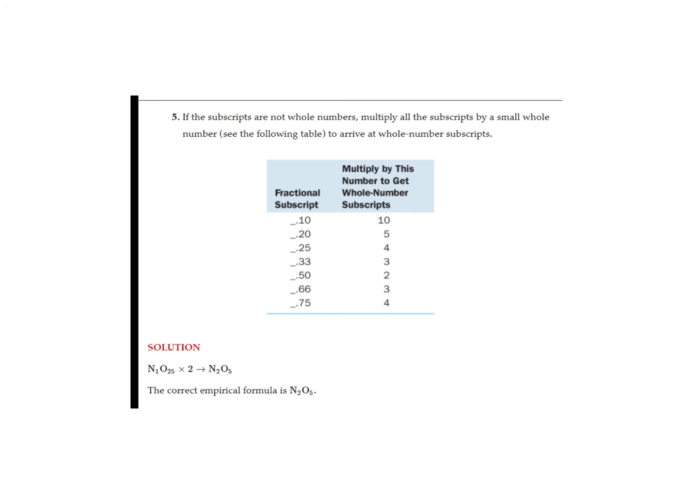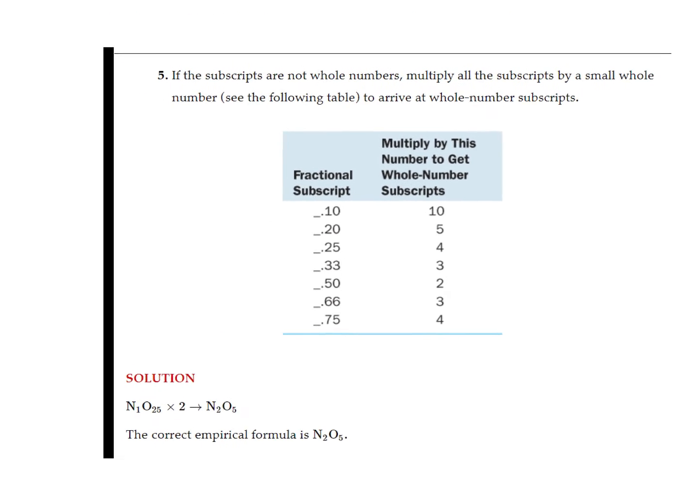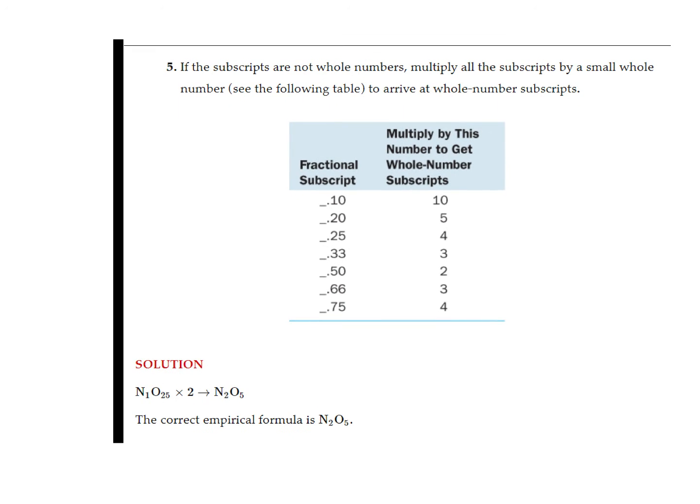And here your book listed this table. So for instance, if you have fractions or subscripts like these, you multiply the fraction by these numbers to get whole numbers, right?